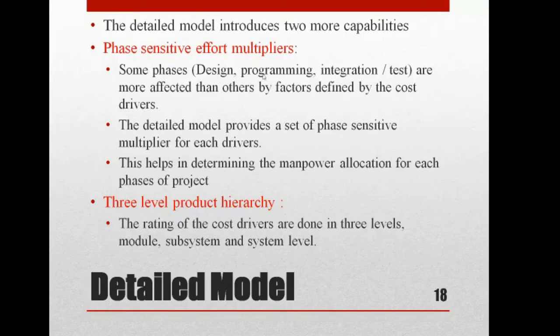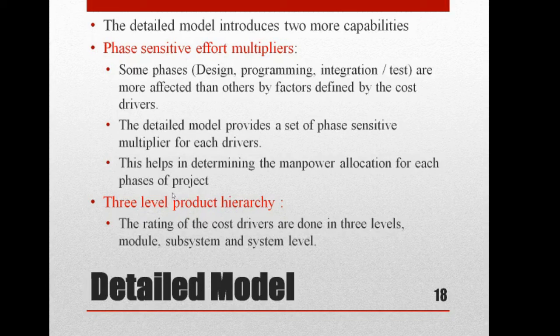Some phases are more affected than others by factors defined by the cost drivers. The detailed model provides a set of phase sensitive multipliers for each driver, so each phase has its own sensitivity values. That will affect the effort and the cost also. This is your phase sensitive effort multipliers.